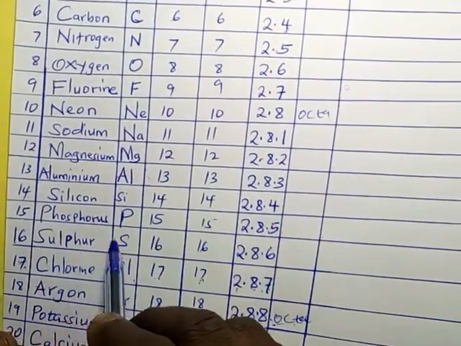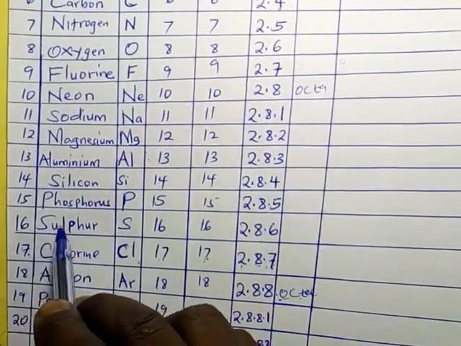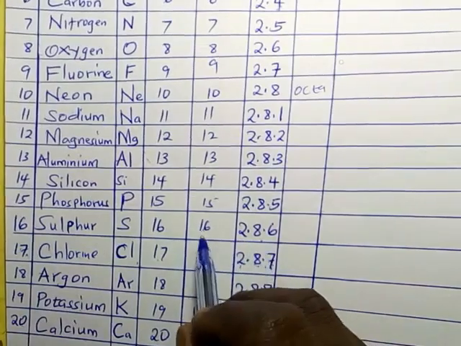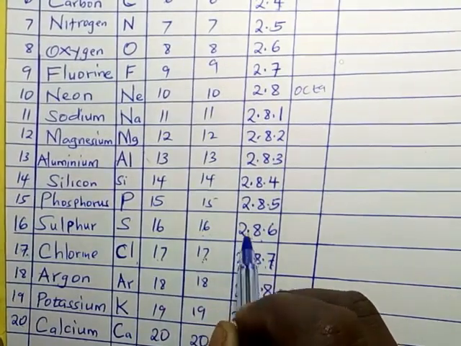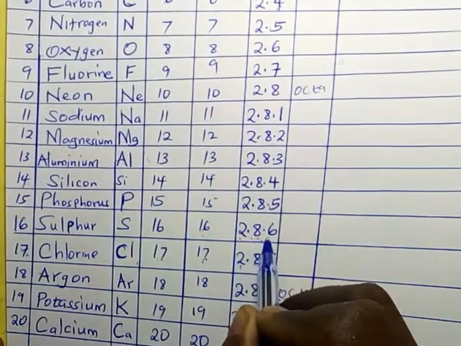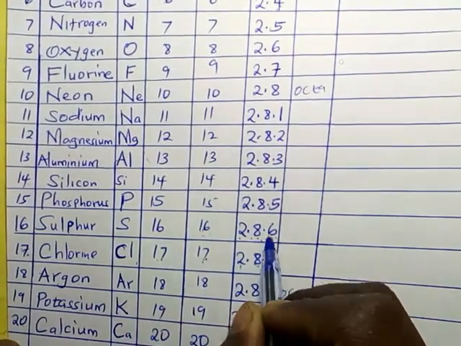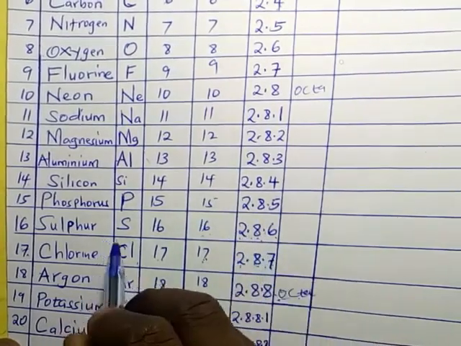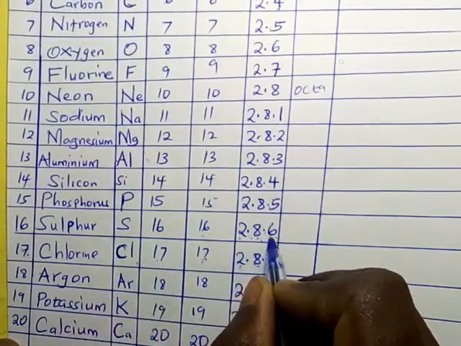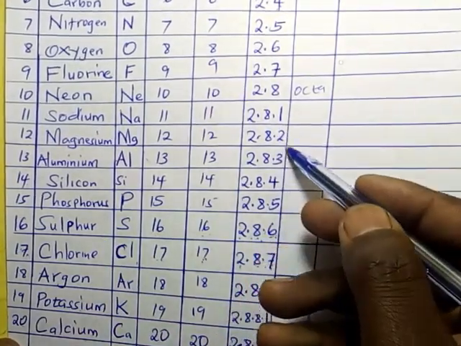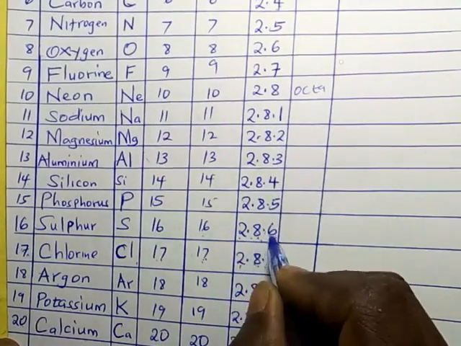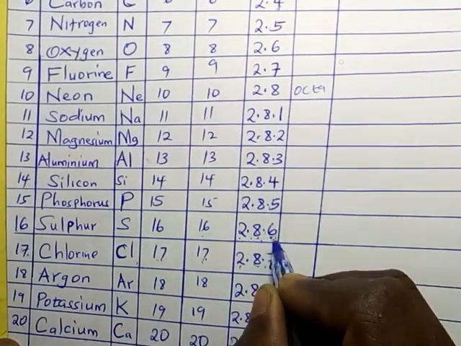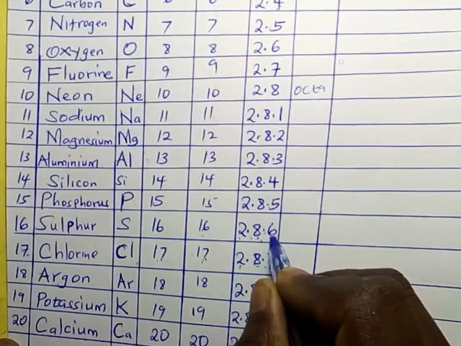If sulfur is atomic number 16, it has 16 protons and 16 electrons. The electron configuration is 2, 8, 6. How will it react? How does sulfur become stable? We consider the electrons in the outermost energy level. Sulfur has 6 electrons in the outermost energy level. So what will happen? Will it lose 6 electrons to be stable, or will it gain 2 to be stable?